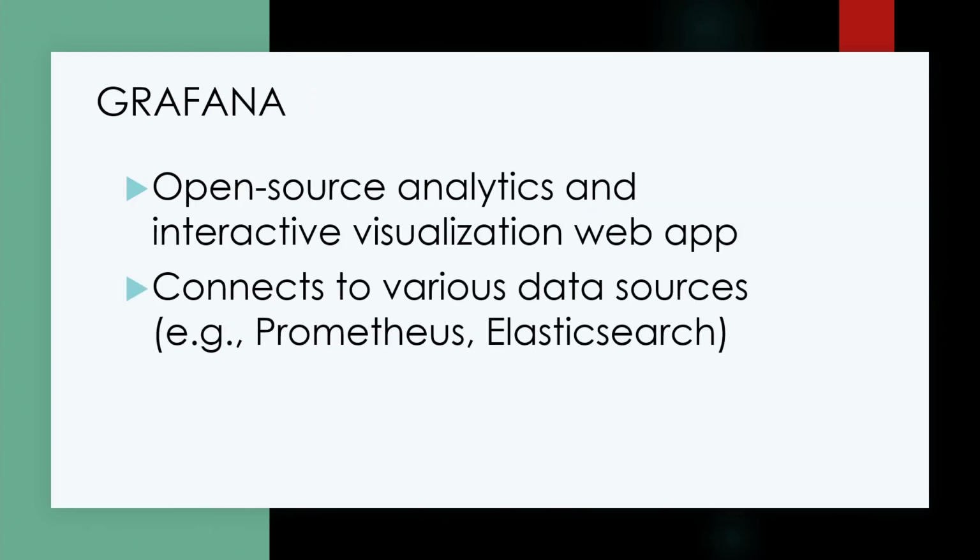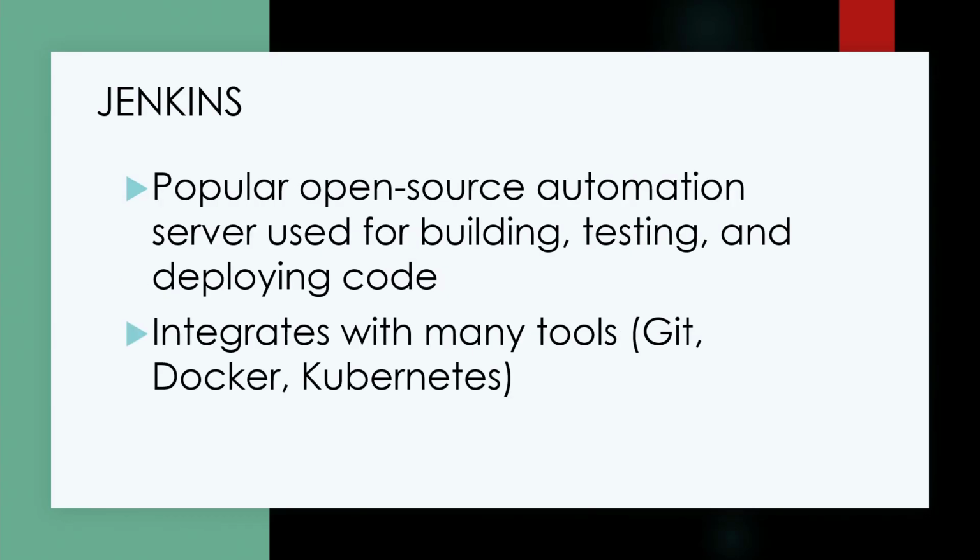There's also Grafana. Grafana is an open source analytics and interactive visualization web application. It can take data from various sources like Prometheus and Elasticsearch, and it can make it so that you can easily make sense of that data thanks to the great visualizations that Grafana can produce for you.